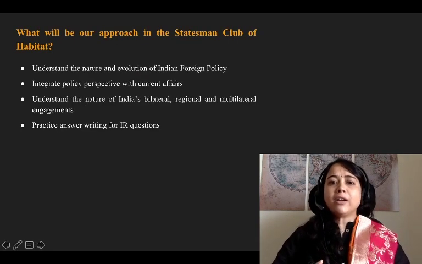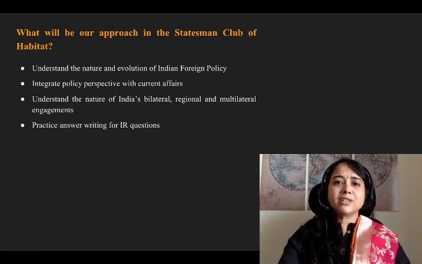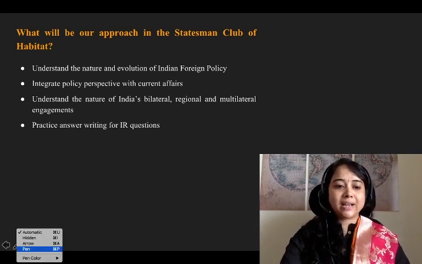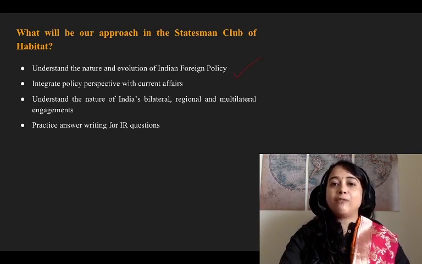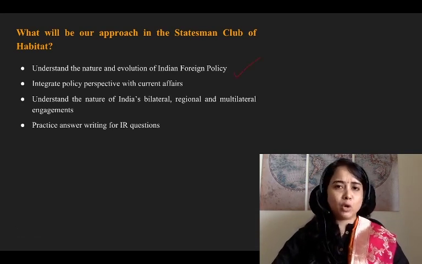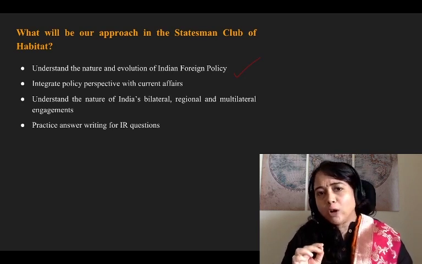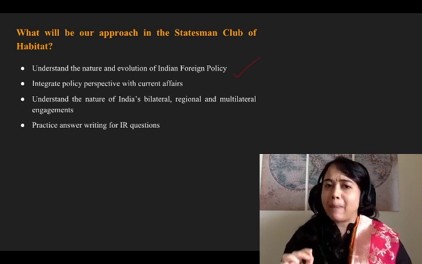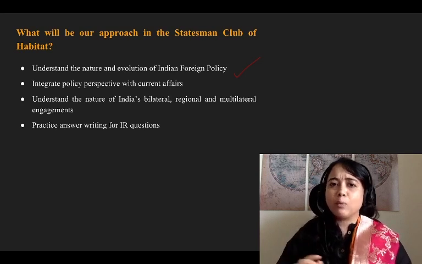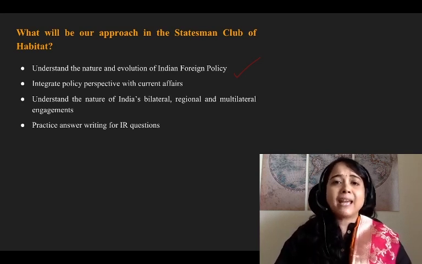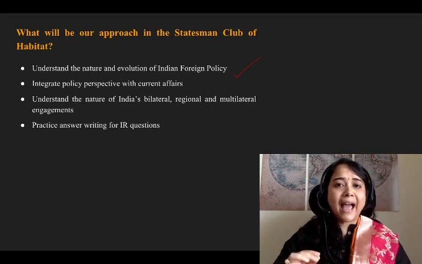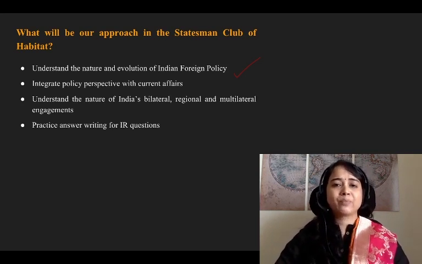So, what will be our approach in the Statesman Club of Habitat? First, we will try and understand the nature and evolution of Indian foreign policy. Why is this important? If we do not understand the historical background of India's foreign policy, we will not be able to appreciate what is happening in the present world.